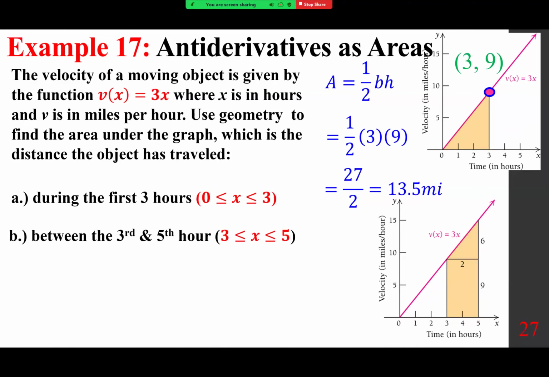You could do that, this point has coordinates 5, and then remember v is 3x, so 3 times 5 is 15. So you can calculate in the same manner the total area and then subtract this area that you have.